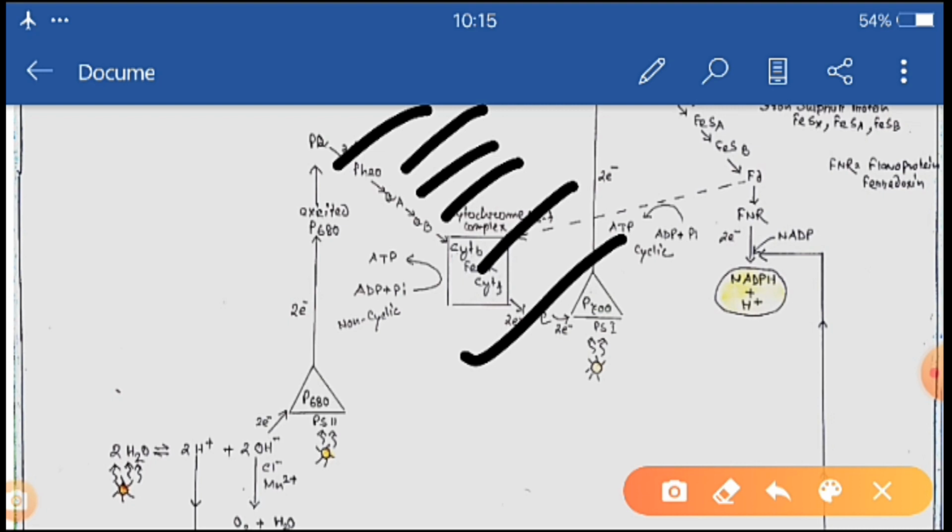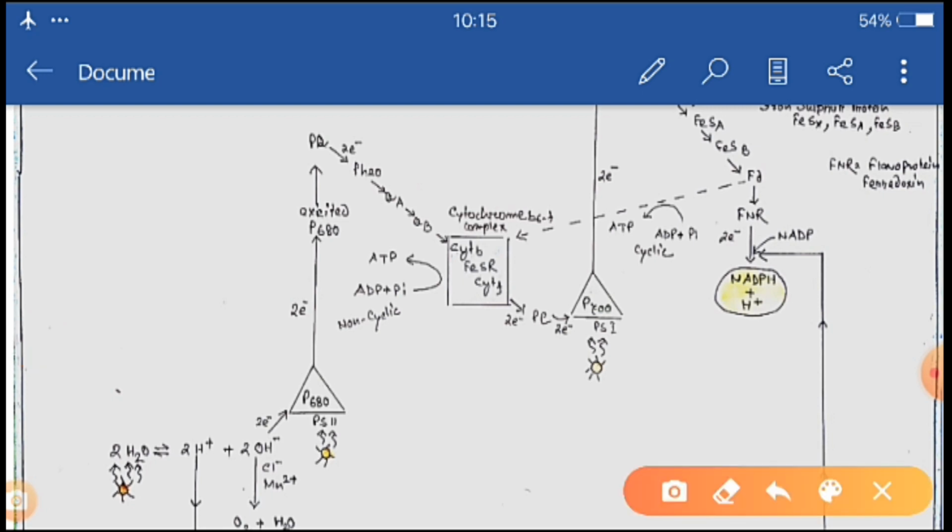Okay. Then from plastocyanin electrons are again transferred to P700 if the P700 is also in electron deficient condition. How?